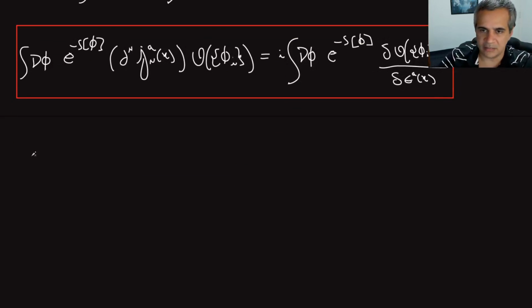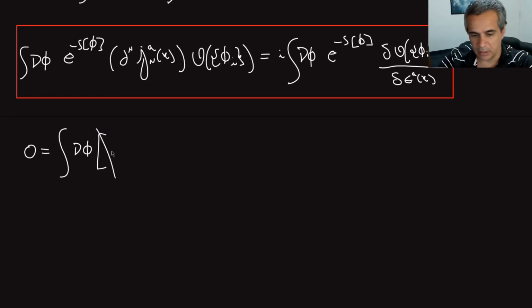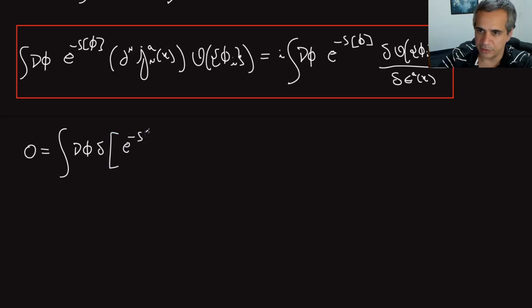In this case, that same operation will lead to this equation, right? Again, the same trick, just getting an integral and subtracting it from itself, and then assuming the Jacobian does not change, right? I'll get the variation of the exponential of the action.